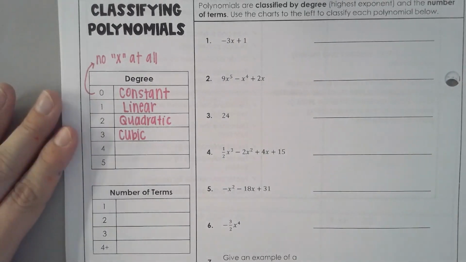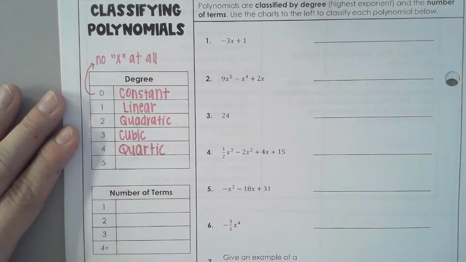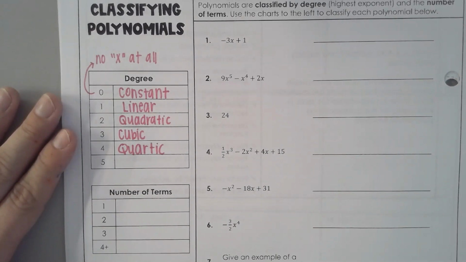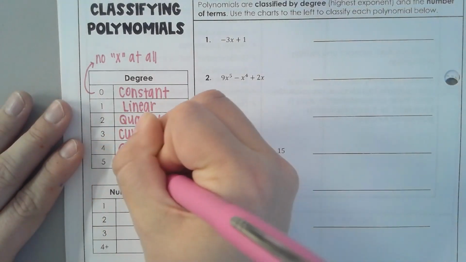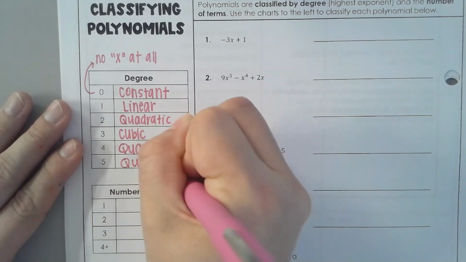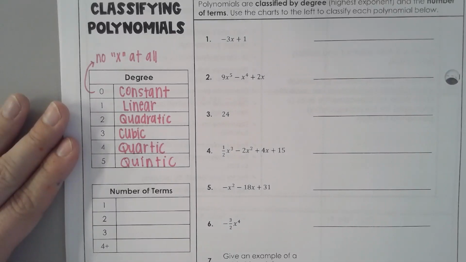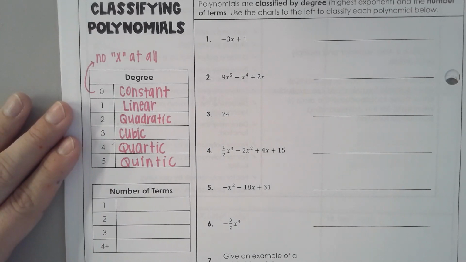Degree of 4 is quartic, Q-U-A-R-T-I-C. And degree of 5 is quintic, Q-U-I-N-T-I-C. Quintic. So this is all based on the exponents. The largest exponent we look at to figure out which name it gets.